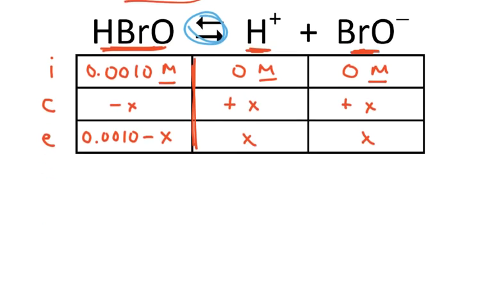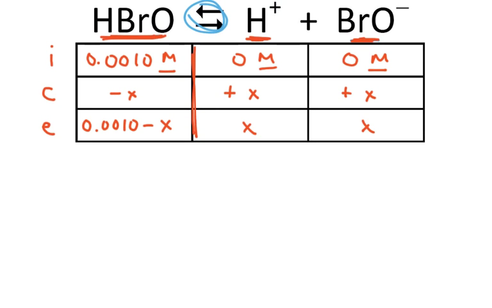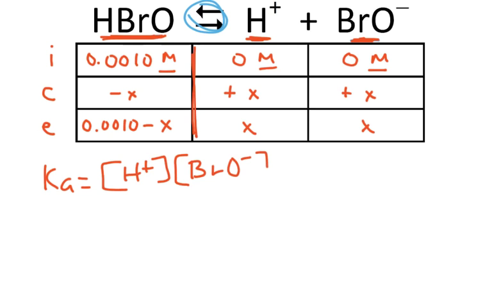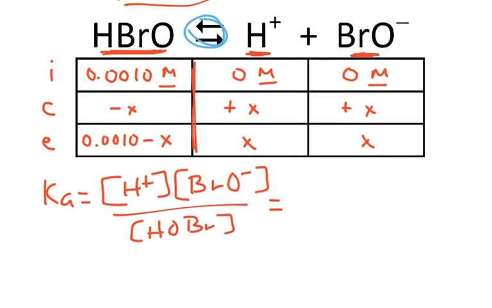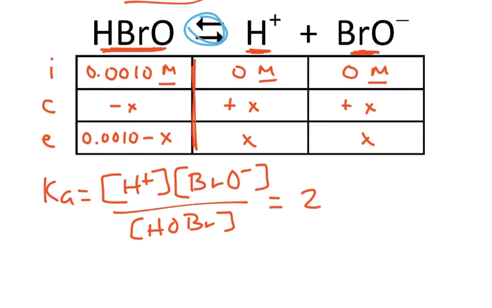Now the Ka is the equilibrium constant for this reaction, so we could say Ka is equal to the expression, the products over the reactants raised to the powers of their coefficients. So the H plus ion concentration times the BrO minus concentration all over HBrO, and that is going to equal 2 times 10 to the negative 9th. Pretty small.